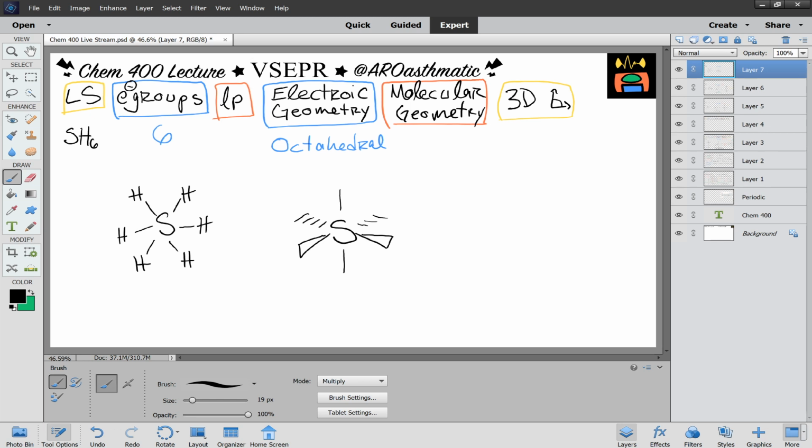There's actually another way to draw an octahedron. They're both totally equivalent. You can draw 4 bonds in the plane, 1 wedge there, 1 dash there. Whichever is easier for you, go for it, because they're both perfectly equivalent. You can put your H's anywhere you want.